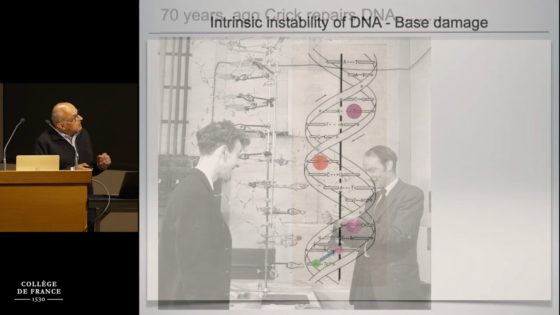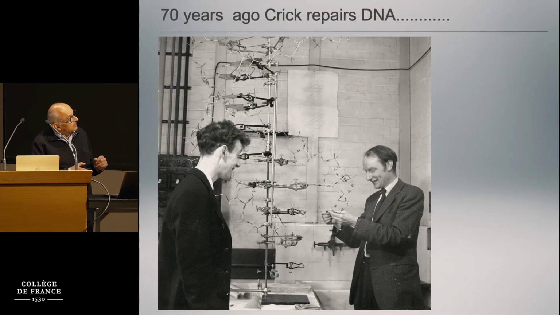I'm going to begin with this slide. Now, this, of course, is a very famous slide. It isn't actually the famous slide because this is a photograph taken just before the iconic photograph was taken.